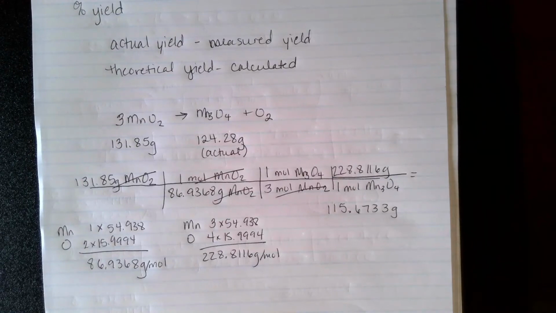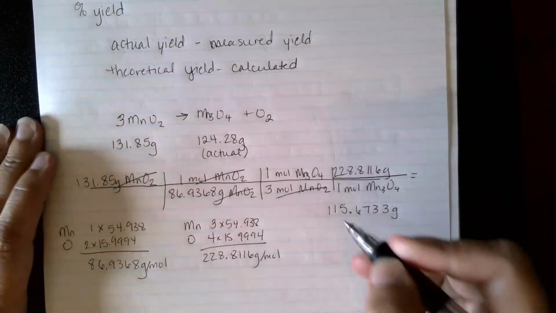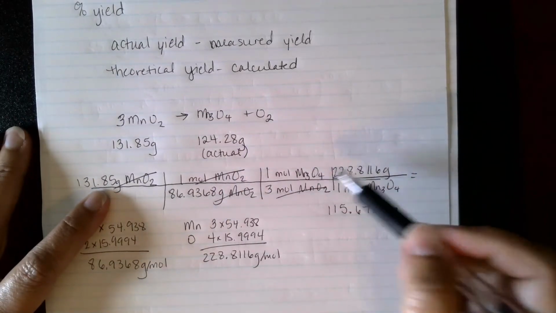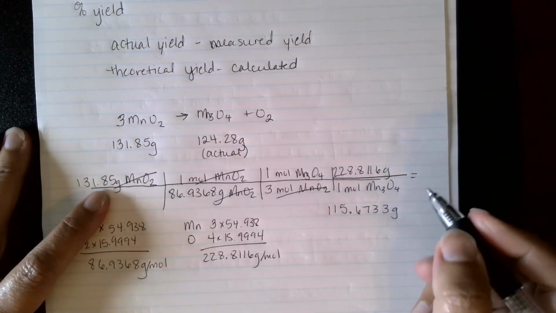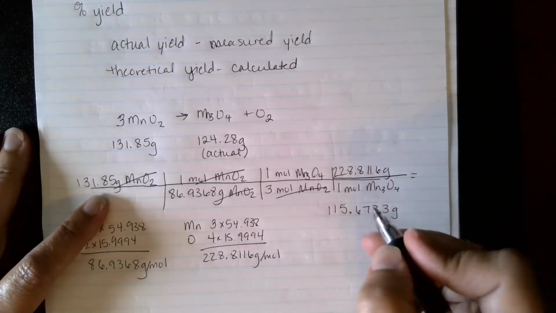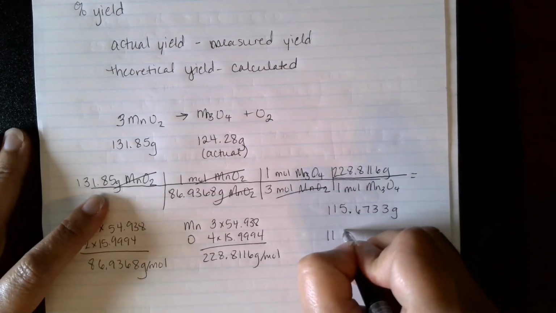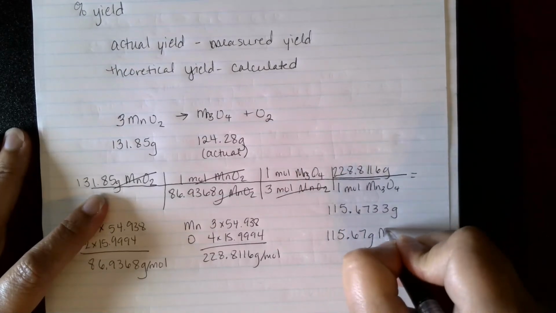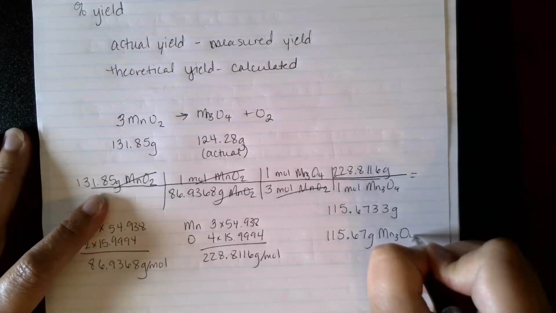Okay, so I'm going to need 115.67 grams of Mn3O4.